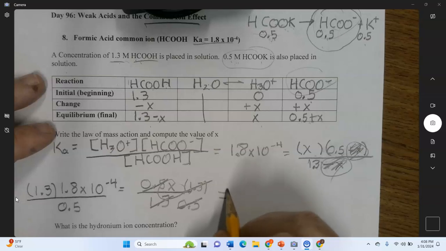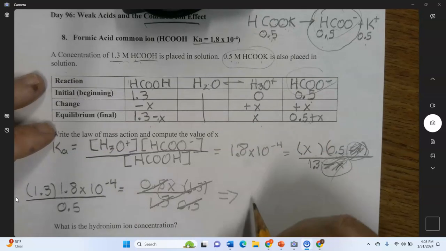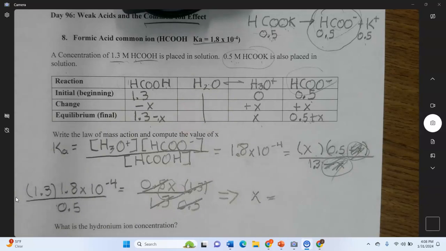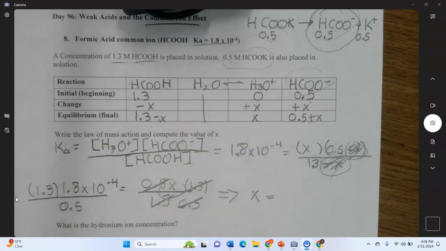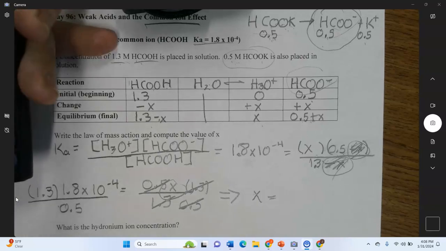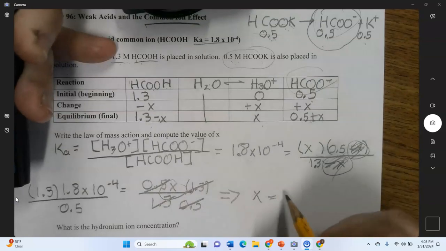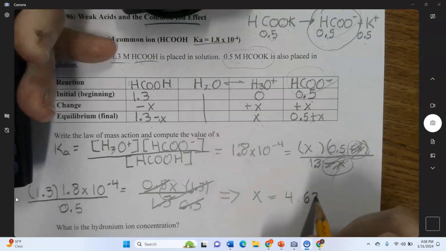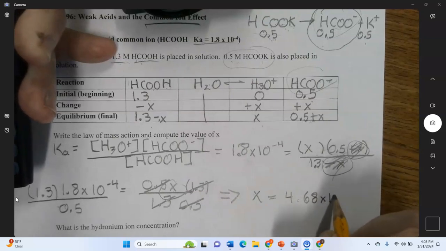So I'm going to come over here, and I'm going to put the variable over on the left side. I'm just going to switch it around the equal sign. That's legal. That equals 1.3 times 1.8 divided by 0.5. So let's knock that down. 1.3 times 1.8 divided by 0.5. And I get 4.68 times 10 to the negative fourth.